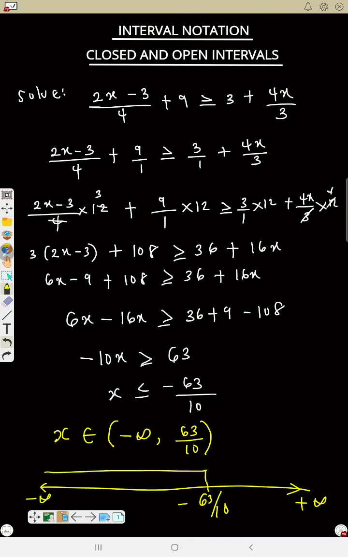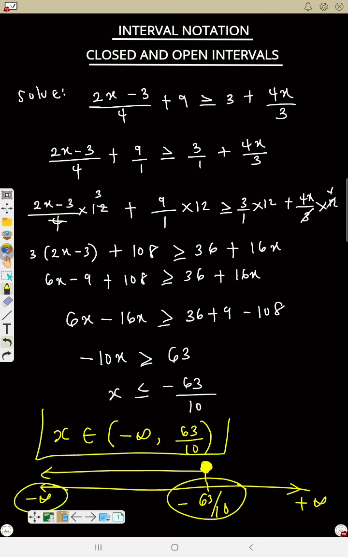So it will face this side. Now because it's less than or equal to, I have to shade this point. What I want to note is that we are going to negative infinity.